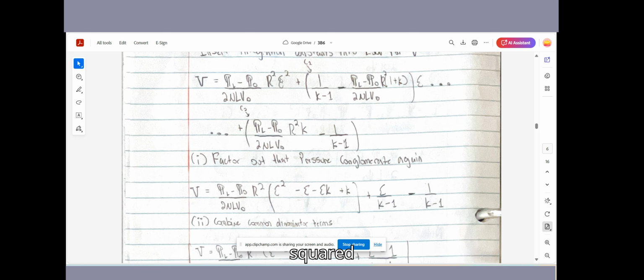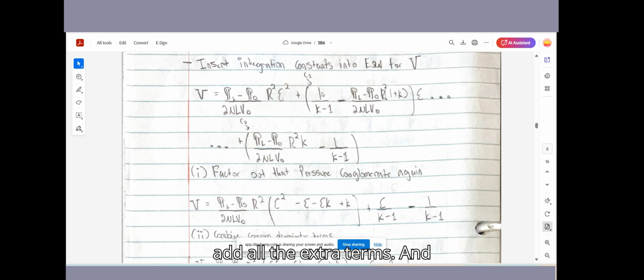Okay, so epsilon squared minus epsilon K, and then the plus. Where's just the plus regular K coming from? Oh, it's right here. Okay, so that's where the regular K comes from.